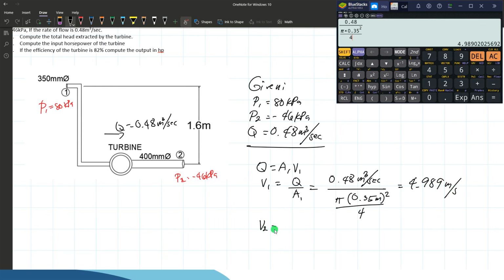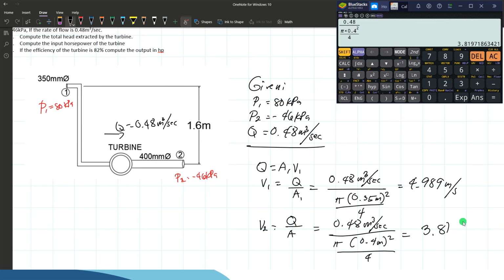For velocity at point 2, same solution with 400 mm, it's 3.8197, or 3.82 if rounded to 2 decimal places.